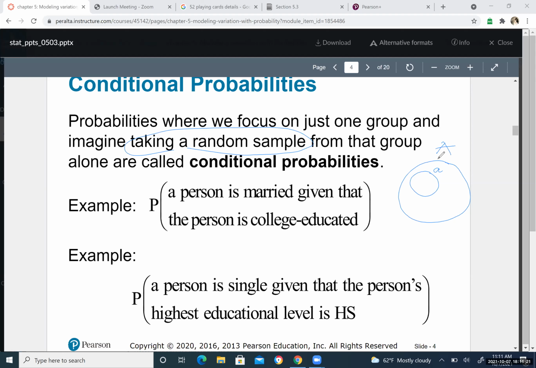The words they usually use are given that.